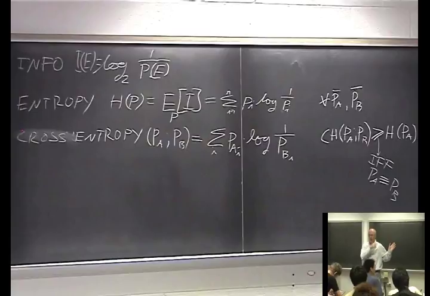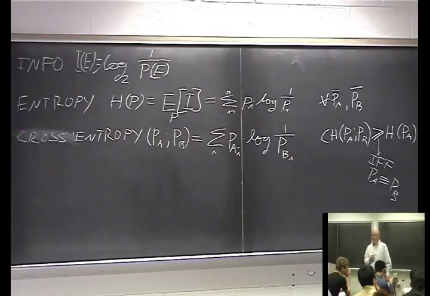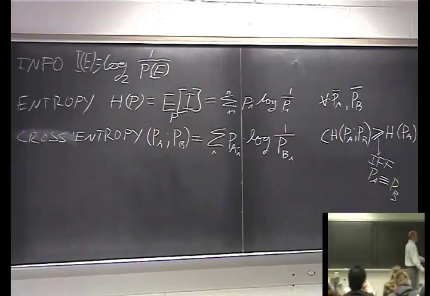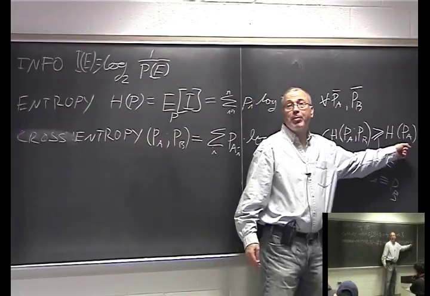P of A is a whole function, it's a whole distribution. So cross entropy is this hybrid, and it's always guaranteed to be greater than the true entropy of the source from which the events are coming. Notice that this is greater or equal the true entropy of P of A, not necessarily of P of B.